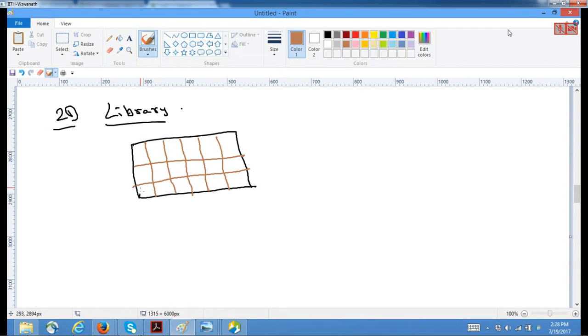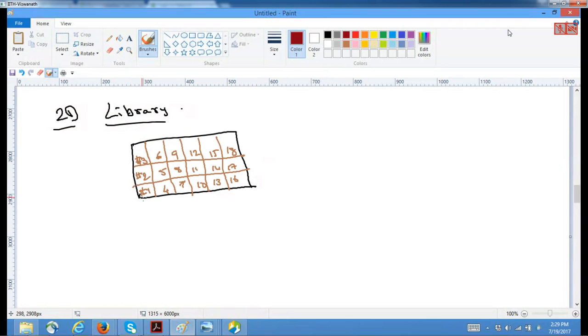So this is element number 1, element number 2, element number 3, 4, 5, 6, 7, 8, 9, 10, 11, 12, 13, 14, 15, 16, 17, and 18. Don't worry why I'm numbering it. We'll come to that point in a short while.